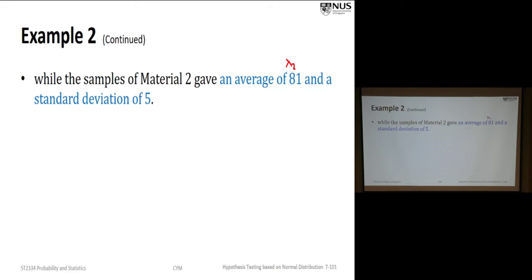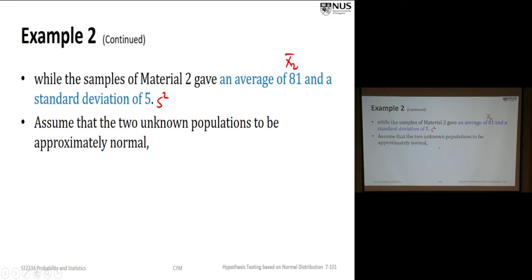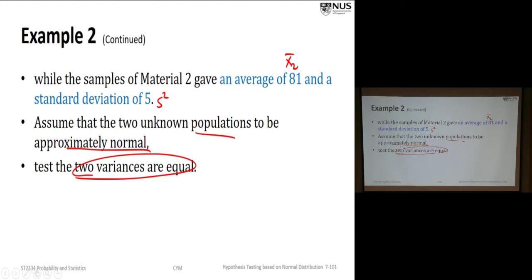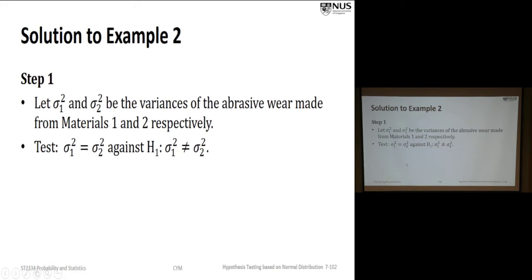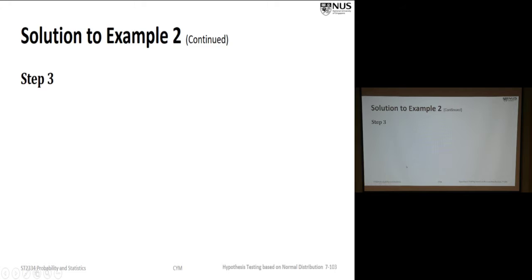So this is x2 bar, and this is S2. All right? So assume the two unknown populations are approximately normal. Test whether the two variances are equal or not. Use 0.1 level of significance. So we want to test sigma 1 squared equals sigma 2 squared. Set alpha equal to 0.1.